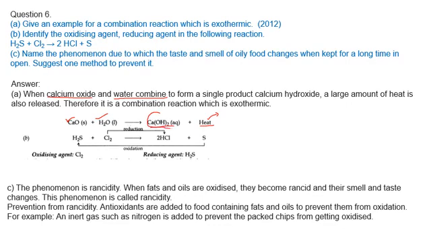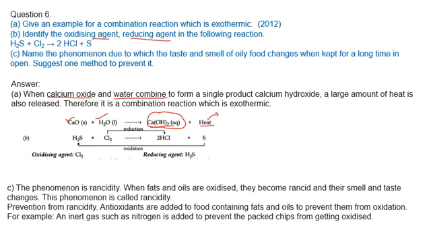Okay. Now coming to the next question, here you have to identify the oxidizing agent and the reducing agent. Oxidizing agents are the agents which help in the oxidation of another compound, and reducing agents help in the reduction of another compound. So let's see the reaction.